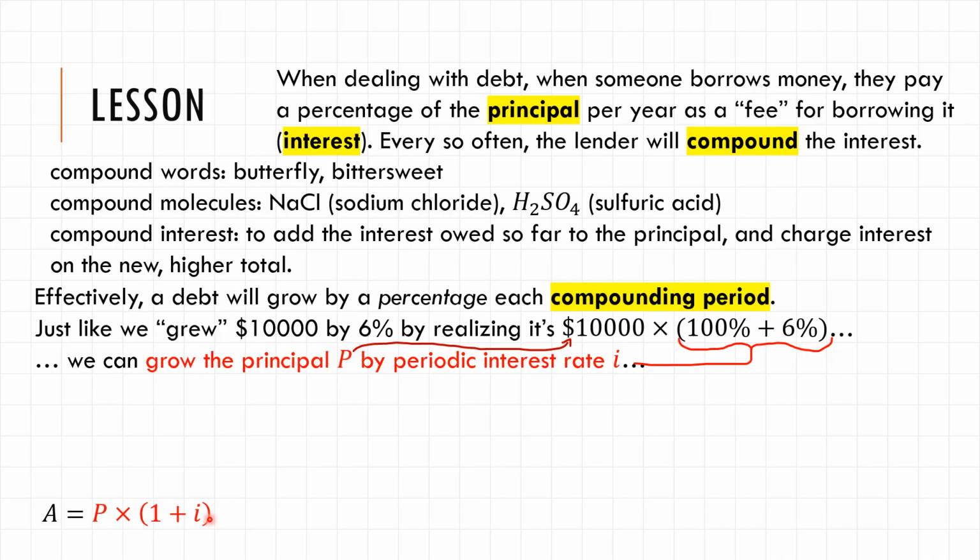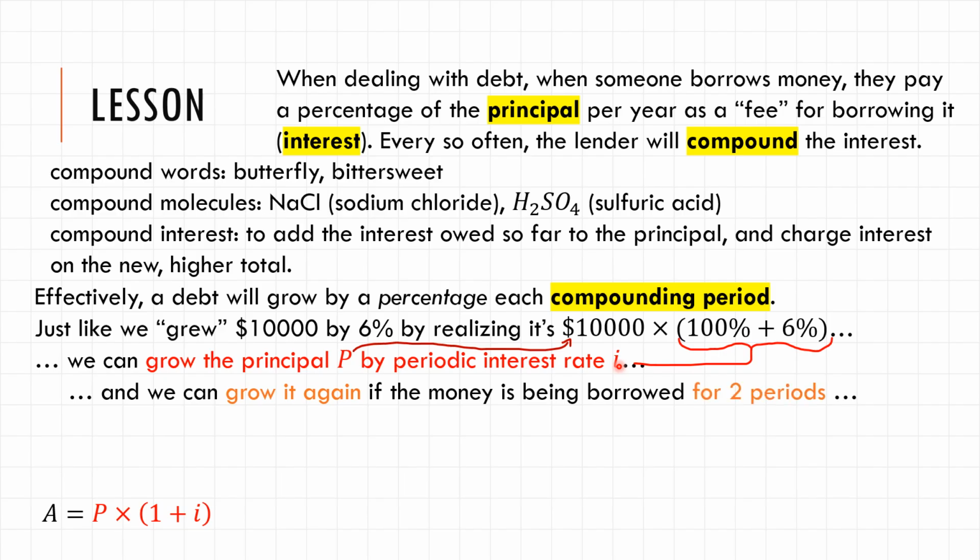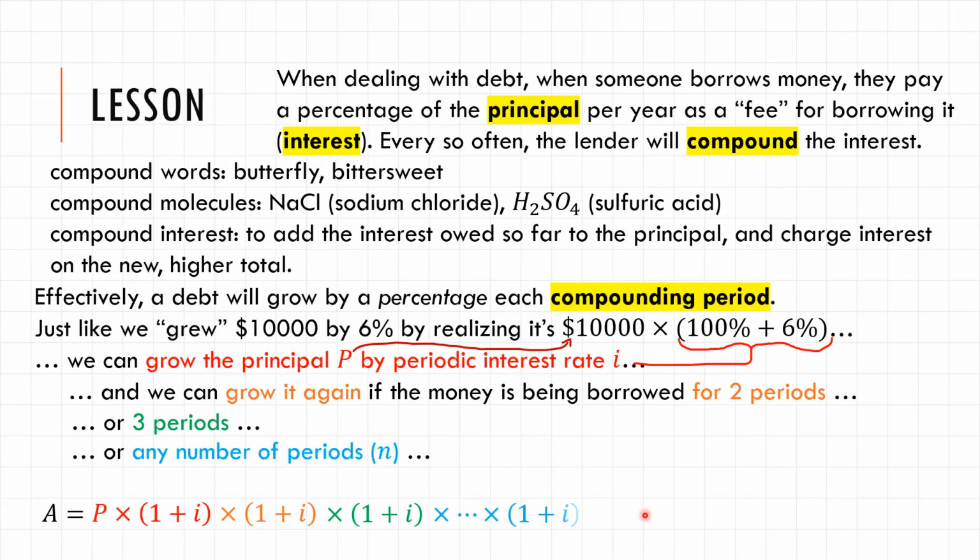And if we wanted to grow that again, if we're borrowing it, for example, for another entire period, we need to grow it by 6% again, or by i again, so we can multiply it by 1 plus i again. And if we want to grow it for 3 periods, we would do that again. Or if we want to just keep going again and again, for n periods, we would just keep multiplying by 1 plus i, a total of n times.